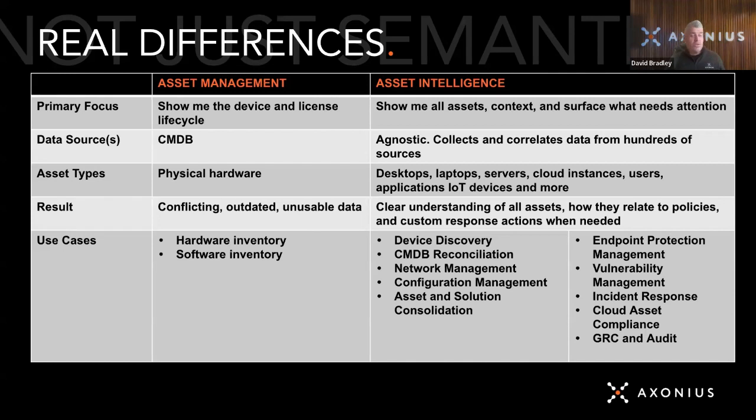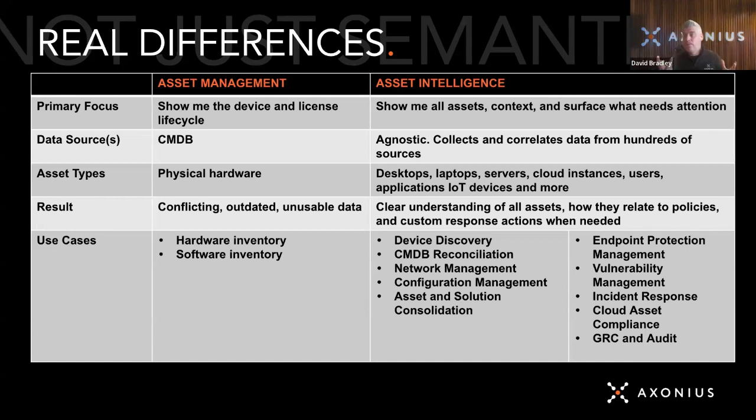As for results, with traditional asset management you had conflicting data, outdated data, and unusable data. But with asset intelligence, we get a clear understanding of all our assets, how they relate to our policies and protocols, and then we can easily build custom response actions when needed. And the use cases, as Leyton mentioned earlier, traditionally it's just hardware and software inventory, but with asset intelligence there are literally hundreds.